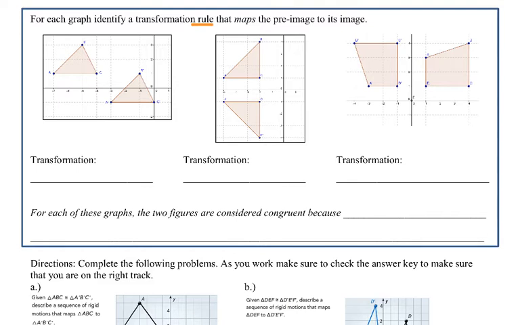So the transformation, first of all, I can see that A goes over and down to get to A prime. So that's a slide or a translation.